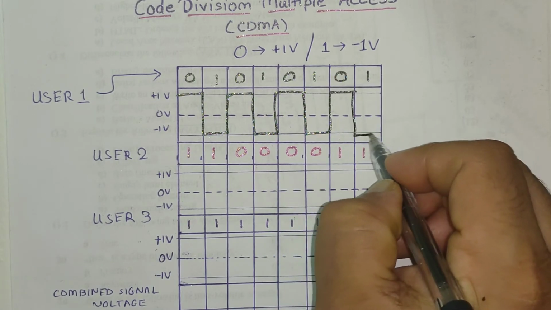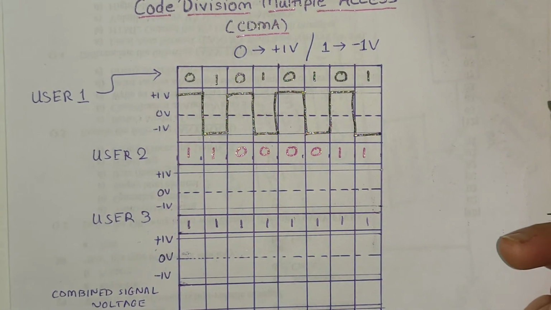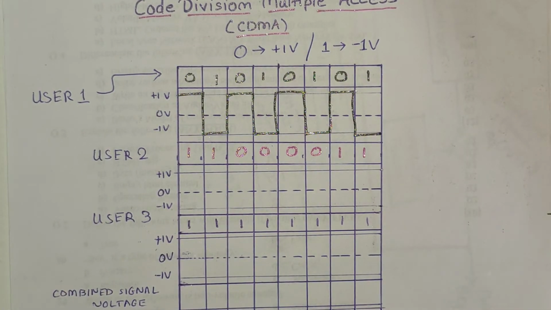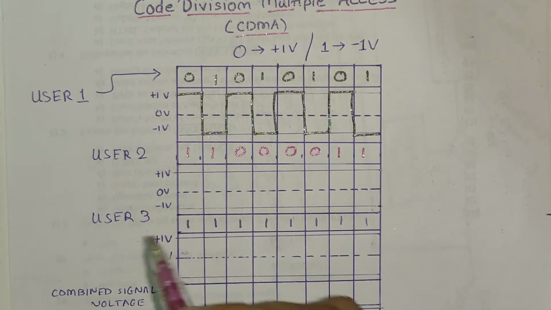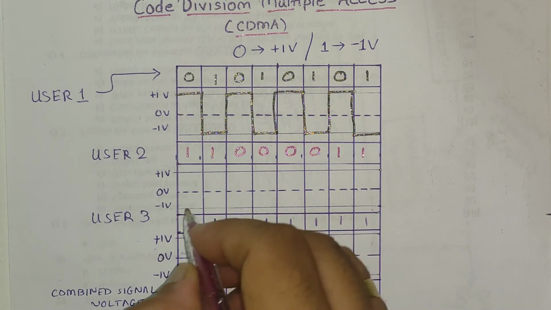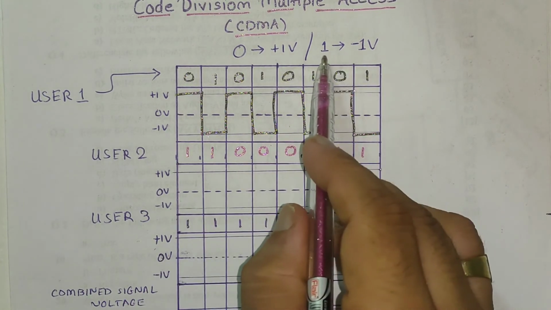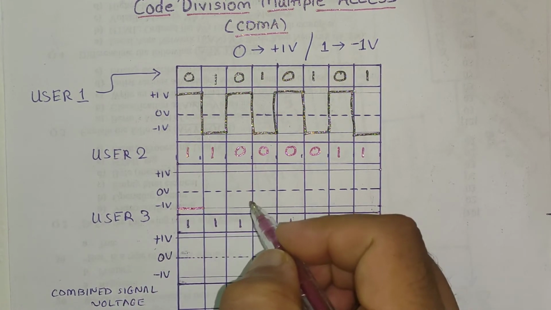Alright, so this is the waveform we are getting for user number 1. Let me draw the same kind of waveform for user number 2. Now we are starting from user number 2 and we want to transmit bit 1, so we are representing bit 1 as minus 1 voltage. So I'm just going to draw voltage level minus 1.